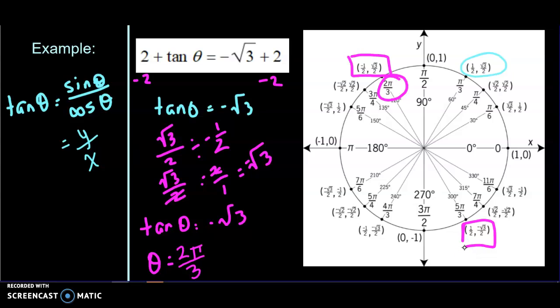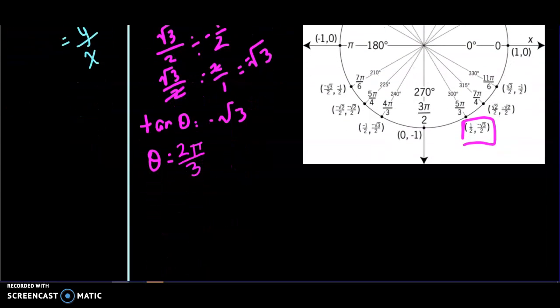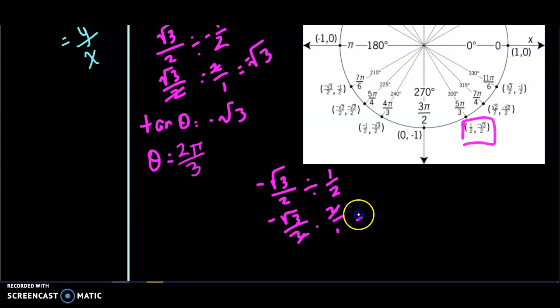We have that same case. We have negative radical 3 over 2 divided by 1/2. Remember to multiply. 2's cancel out, and we're left with negative radical 3.